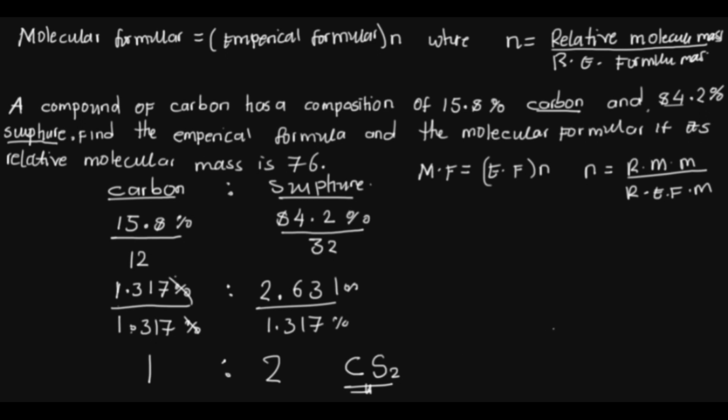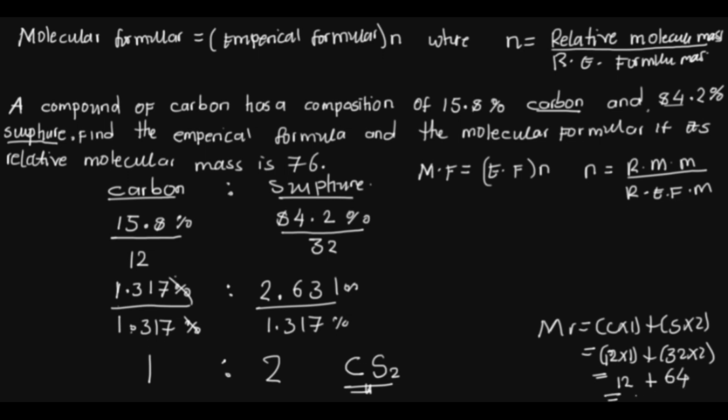So we have 1 carbon, so carbon times 1 plus sulfur times 2: 12 times 1 plus 32 times 2. So 12 times 1 is 12, plus 32 times 2, that is 64.